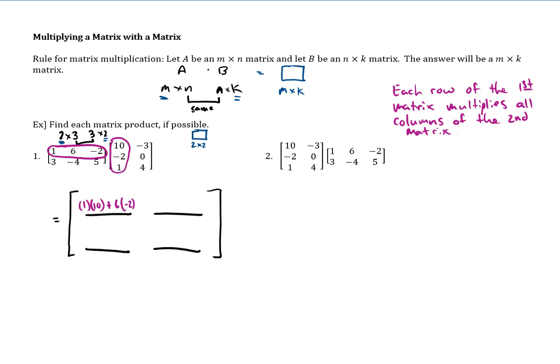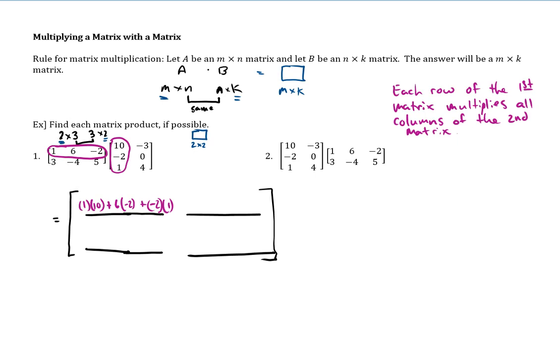It looks like I didn't give myself enough room. Sorry about this. Let's make it so I have more room. Even with how big I wrote it, it wasn't big enough. Okay, I think this will be good. So we've got 1 times 10 plus 6 times negative 2, and another plus, the negative 2 will multiply that positive 1. Eventually we'll simplify all this.